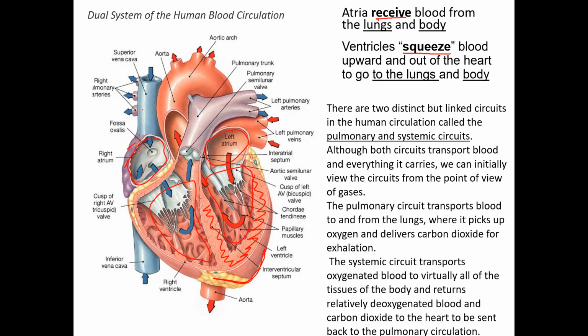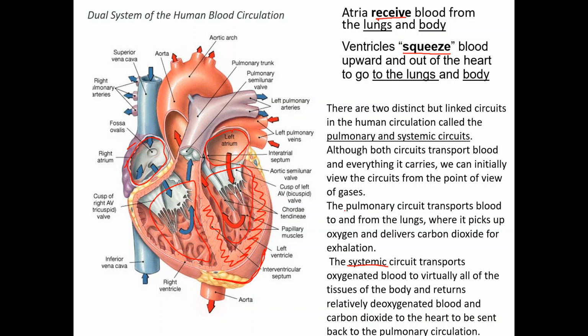So there is unoxygenated, or we can say CO2 rich blood, that obviously comes from the body, and we call that systemic. We can call it the systemic circuit, which transports oxygenated blood to all the tissues, the cells of the body.